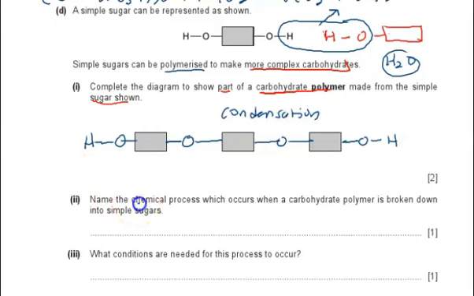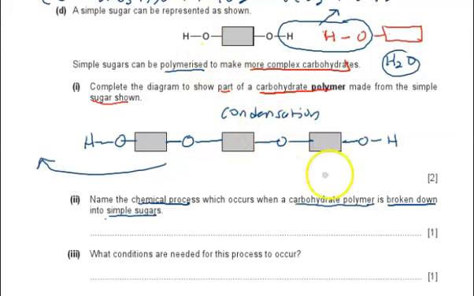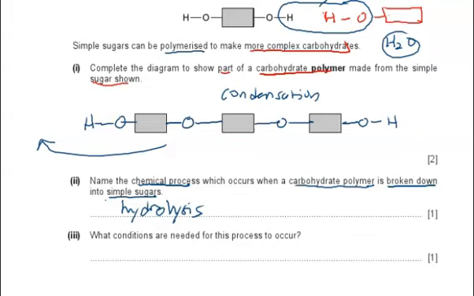Okay, now name the chemical process which occurs when the carbohydrate polymer is broken down into simple sugar. When you want to reverse this into the simple sugar, you need to add water. So when you add water, the process is called hydrolysis.